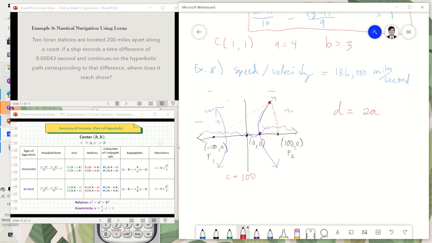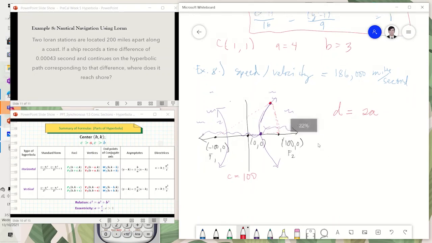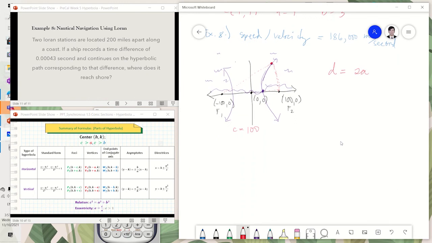So use the formula: velocity is equal to distance over time. We know that the velocity is 186,000, the distance is unknown, and the time is 0.00043.